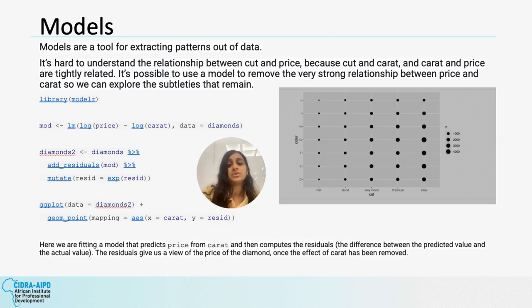This plot explores how price deviates from what's expected based on carat alone. So points above the trend line indicate diamond prices higher than expected, and points below the trend line indicate diamonds priced lower than expected. By focusing on residuals, we can isolate non-carat factors that influence diamond pricing.